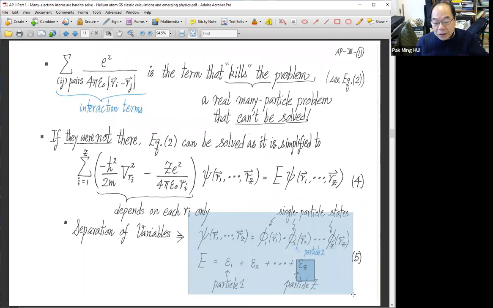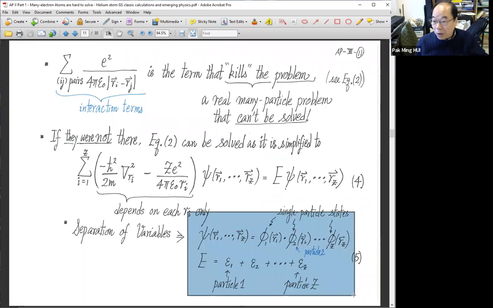I hope that you know this argument of separation of variables. I will summarize it in a very short phrase. The single electron wave functions multiply as a product, right? And the total energy is a sum. That comes out from the separation of variable exercise.